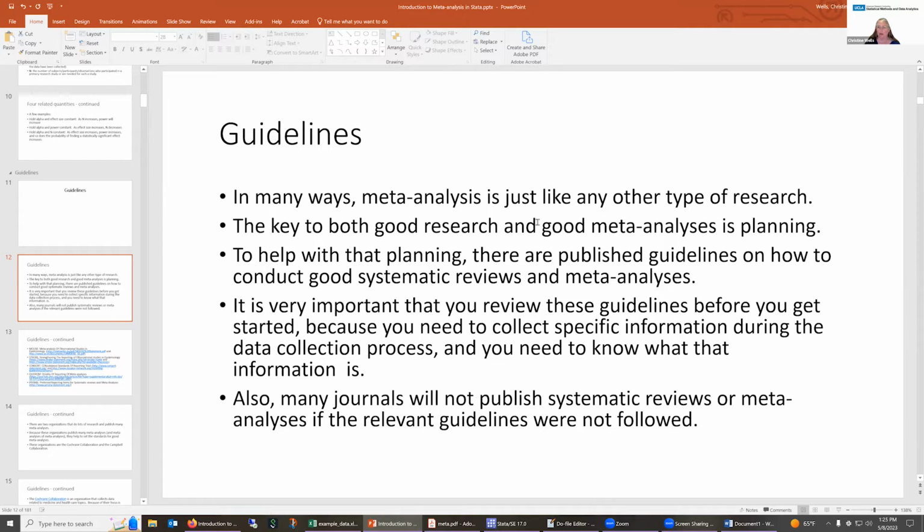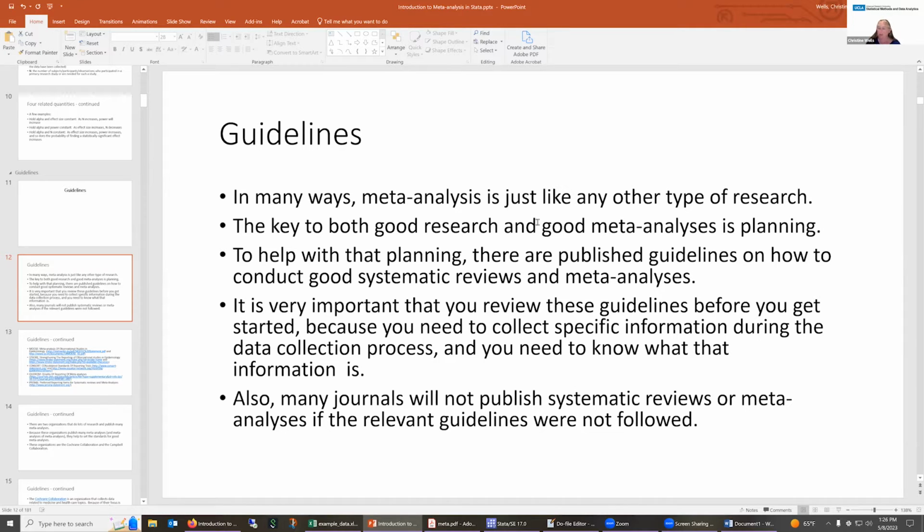So the idea behind the guidelines is that it's all about planning. All good research, whether it's a meta-analysis or anything else, is all about excellent planning. These guidelines are here as a way to help you with this planning, because although meta-analysis is in some ways like other types of research, in many ways it is very different.